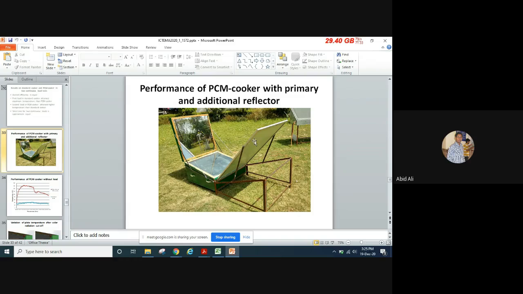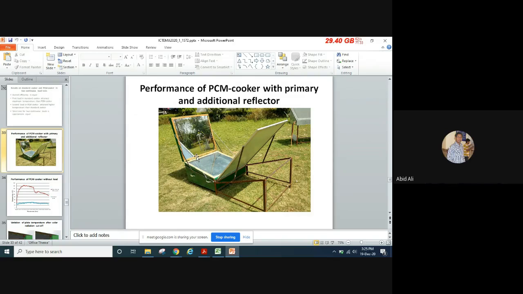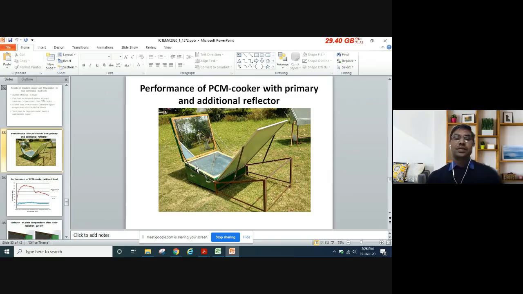So it is costly as compared to a standard one. We double the aperture area and also use the energy storage material. That's why it is approximately 3 times. Okay. Thank you.